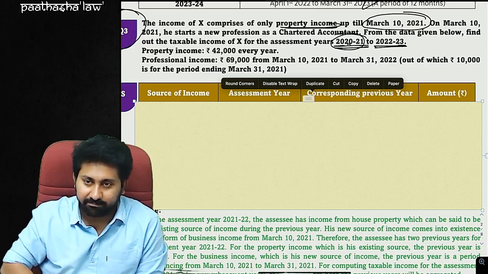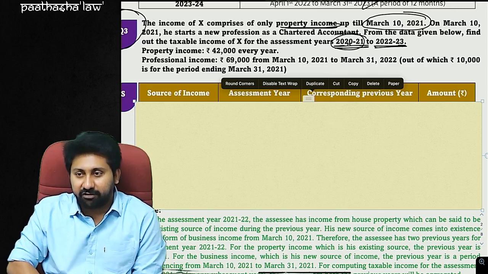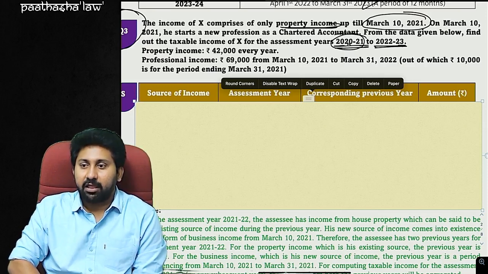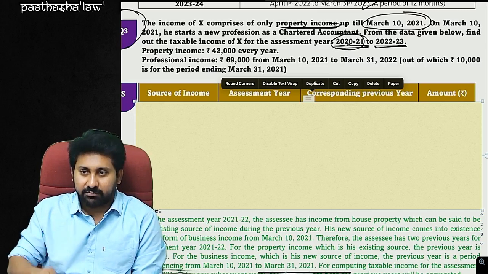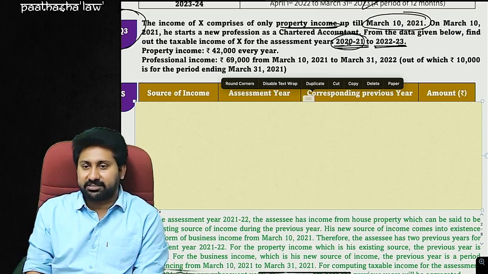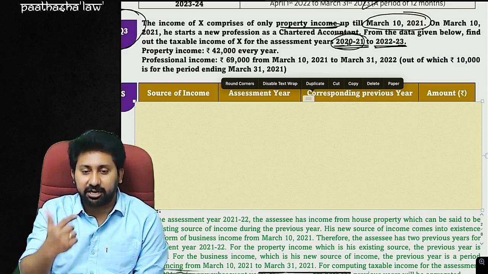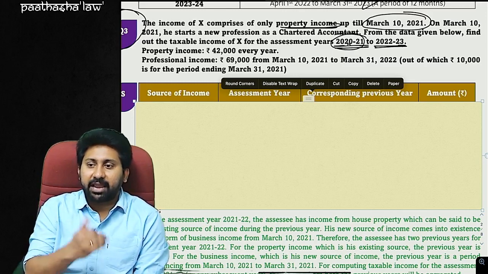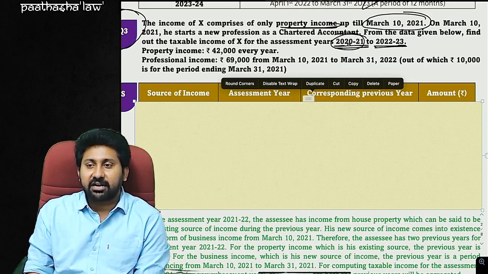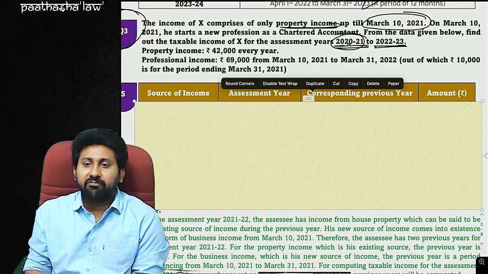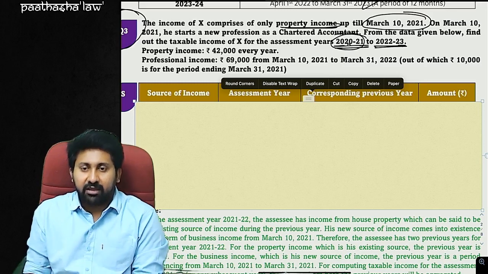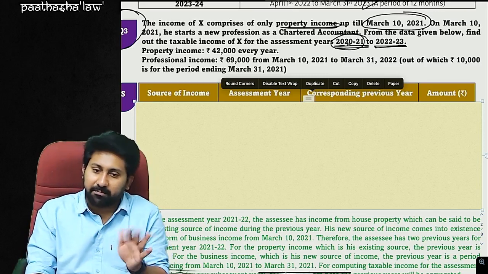Up to 10th March, my only source of income is property income, meaning rental income. Now he became a CA and later started his practice as well. Now he is asking what will be my income, the corresponding previous year.